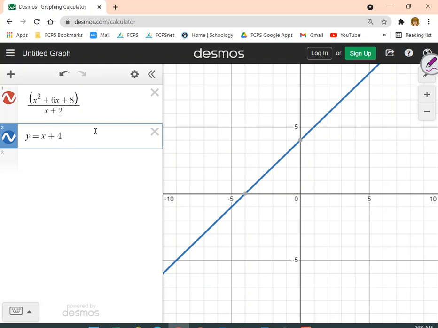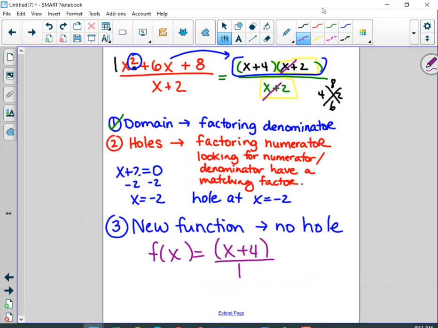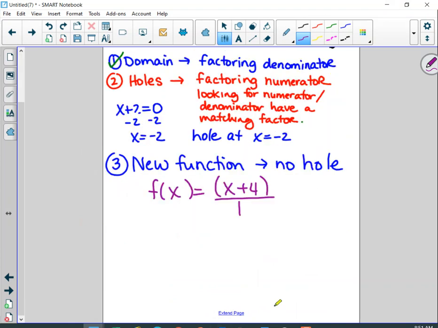That's a trick we're going to use over and over again. We're going to make a new function, take away the hole, and then use this new function for everything else we do. Now look how happy and nice that new function is.